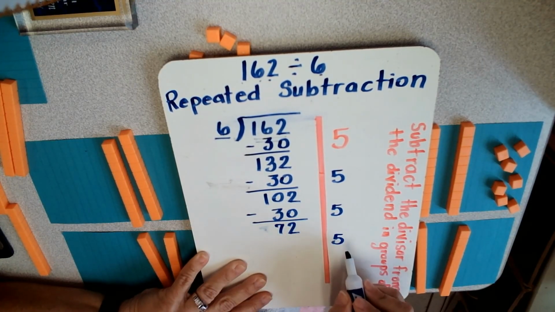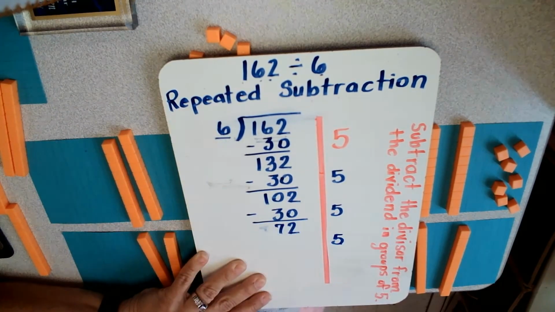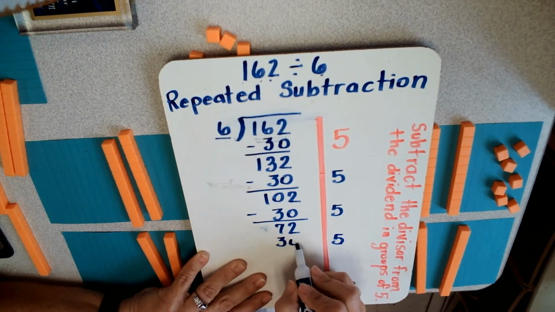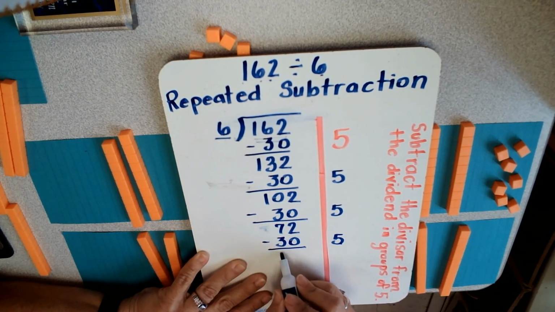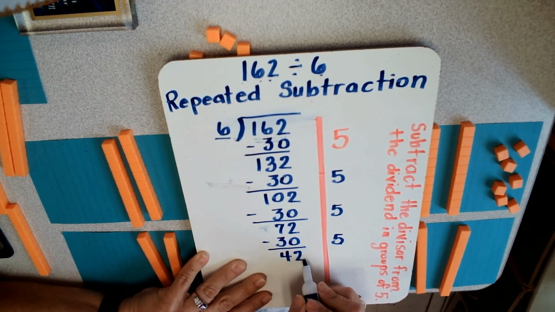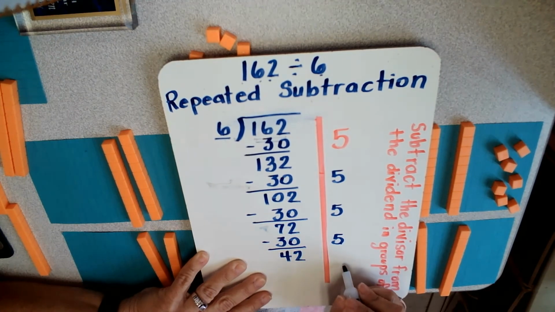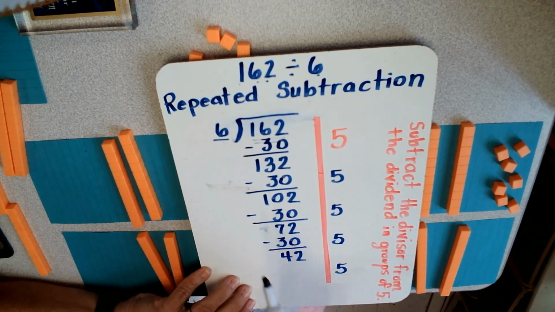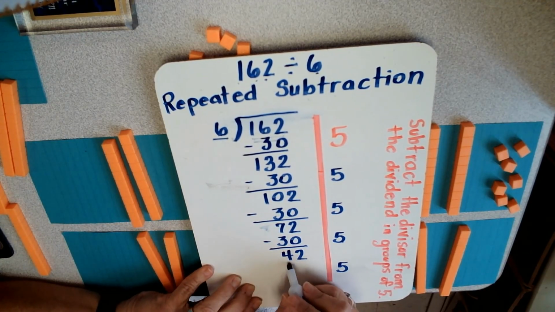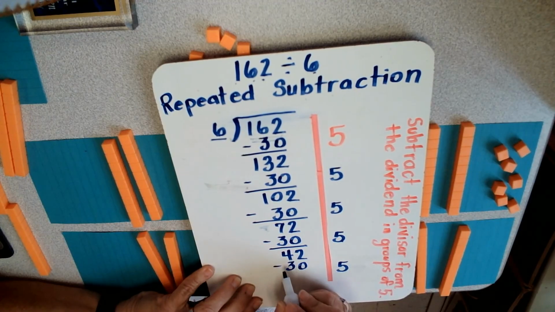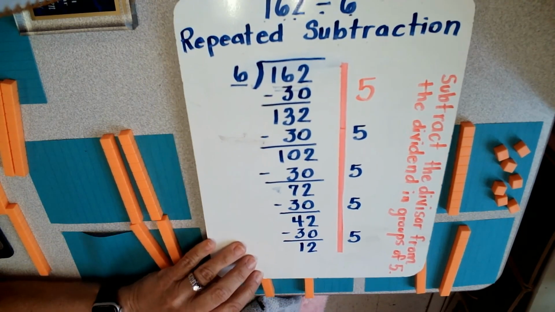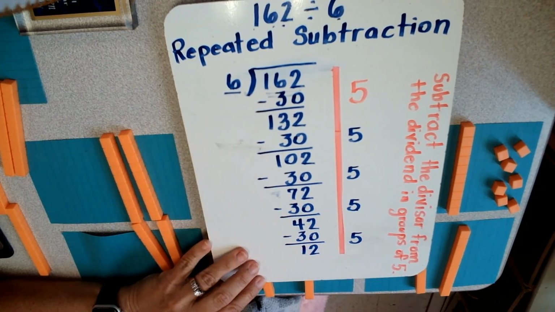And another group of 5 sixes is another 30, and I get 42. I see I could subtract another group of 5 sixes, and that equals 12.